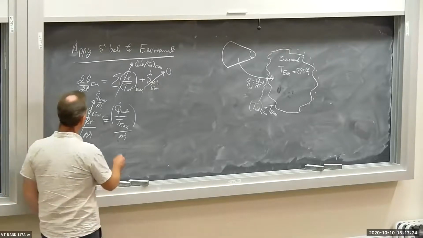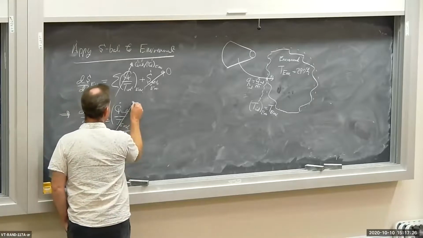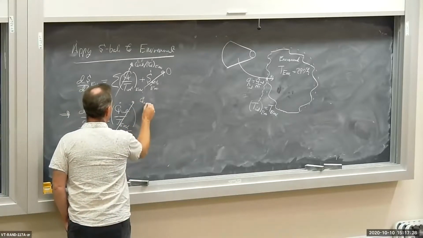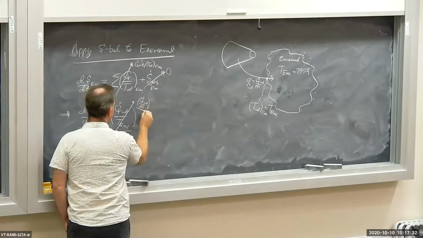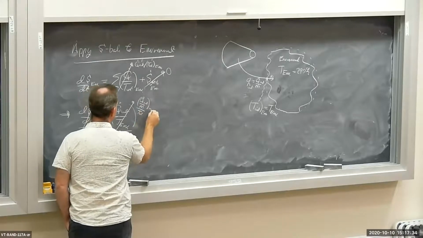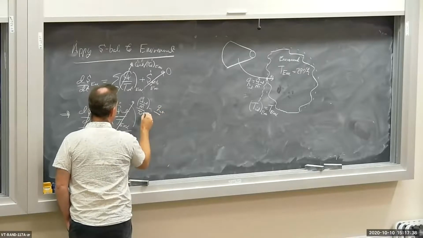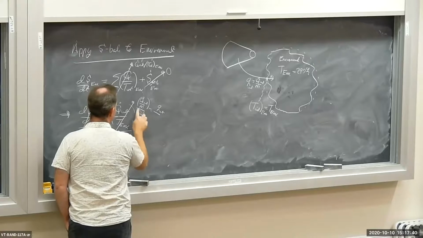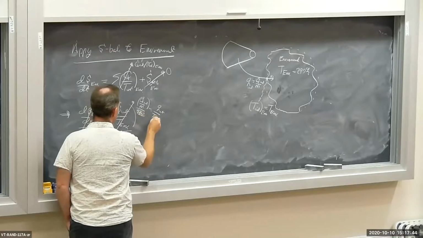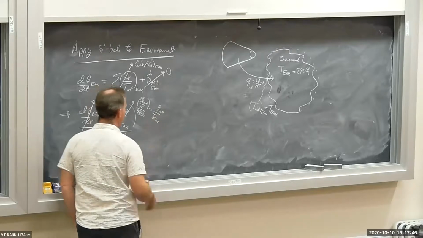And this whole thing becomes Q dot out over m dot divided by the interaction temperature, which is the environmental temperature. Okay?